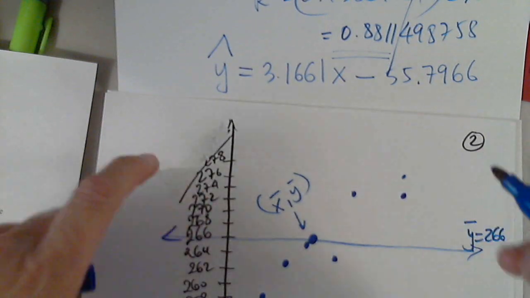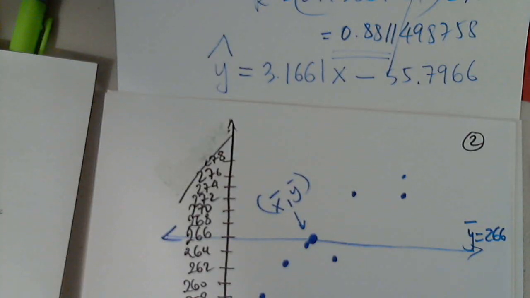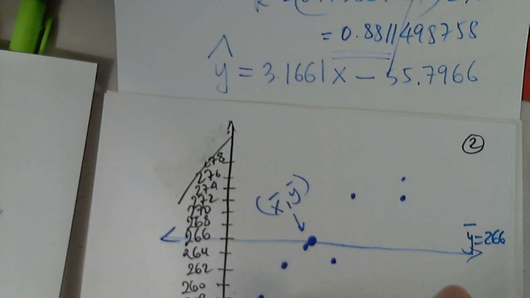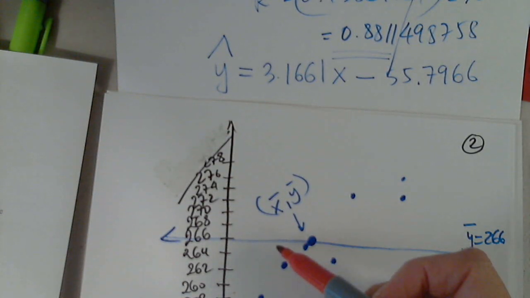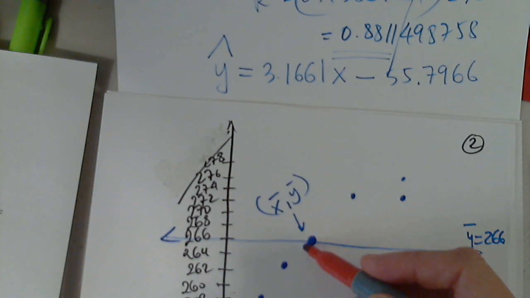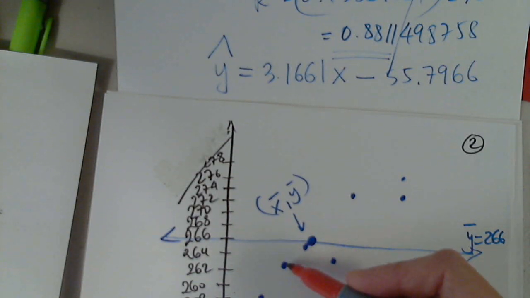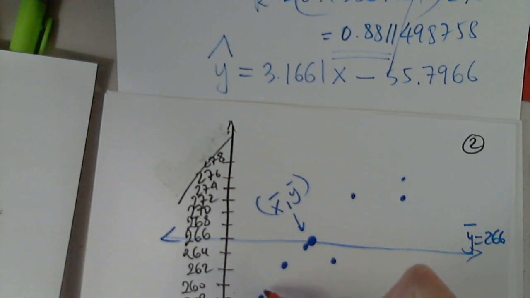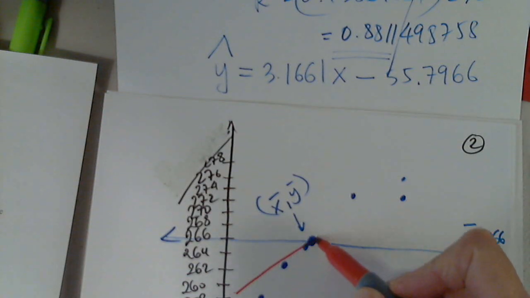Yep. Okay. So the regression line, let me see, at 100, it was 257. Okay. So the line has to pass through this point, so it's a must.